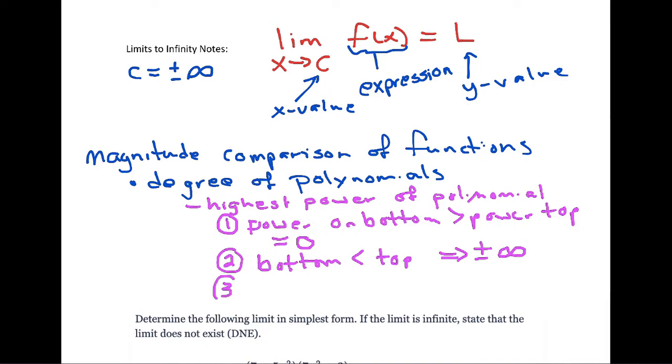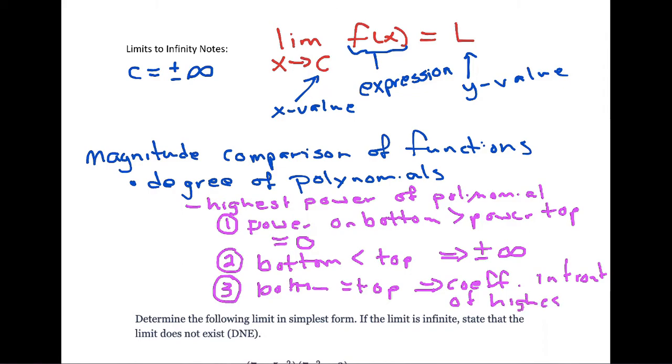The third thing that can happen is if the bottom power is equal to the top power, then you look at the coefficients in front of that highest power.